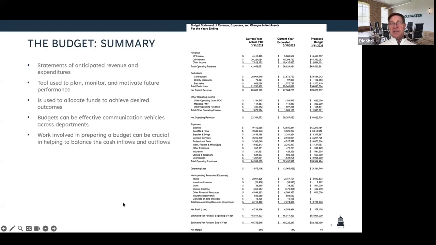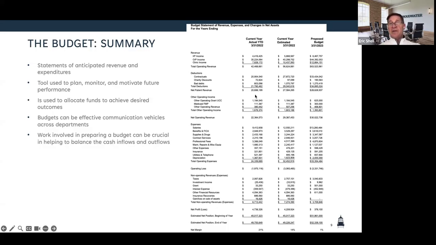Then we talked about the budget. Many of us, nurse leaders and quality leaders, are responsible for our own budget. The budget is reflected as an income statement specific to your department, your organization, whatever level of leadership that you're involved in. So think of it as the income statement, the accumulation over time of revenue, less expenses.